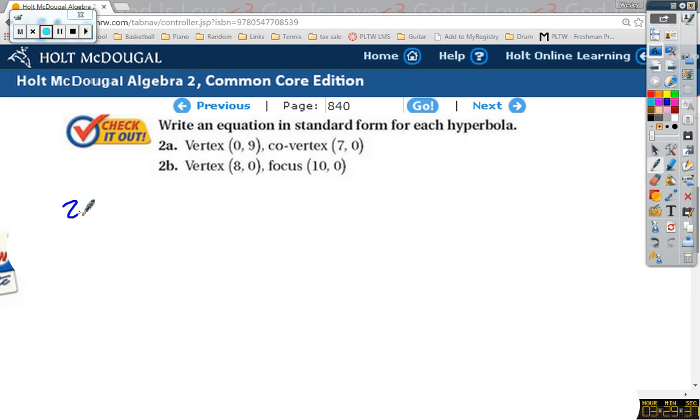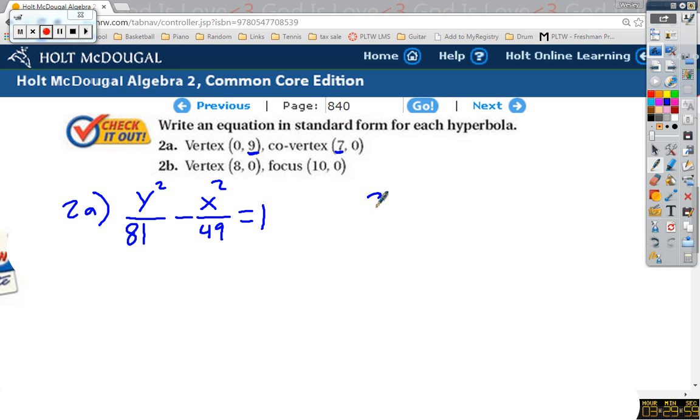Alright, so for 2A, you should have gotten y squared over 81 minus x squared over 49 equals 1, because the vertex is in the y location, so vertex goes to the x.